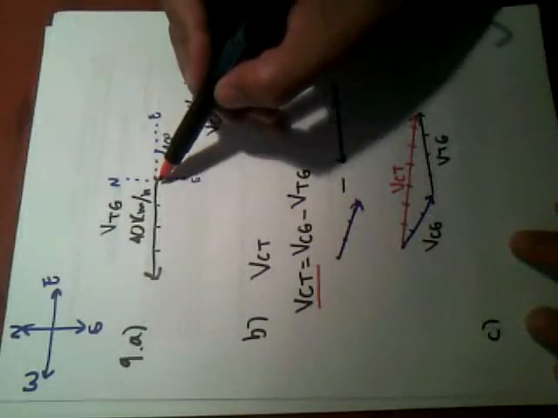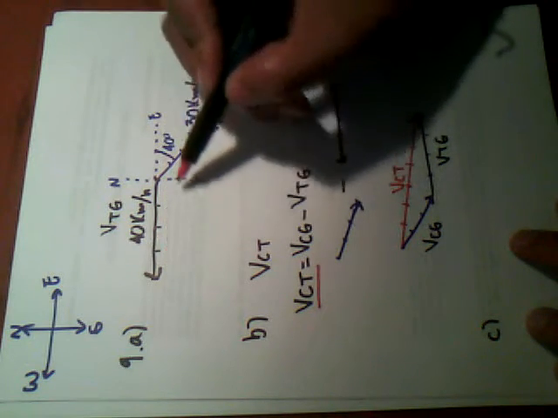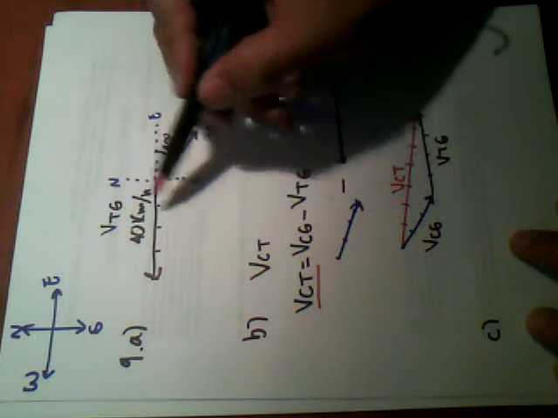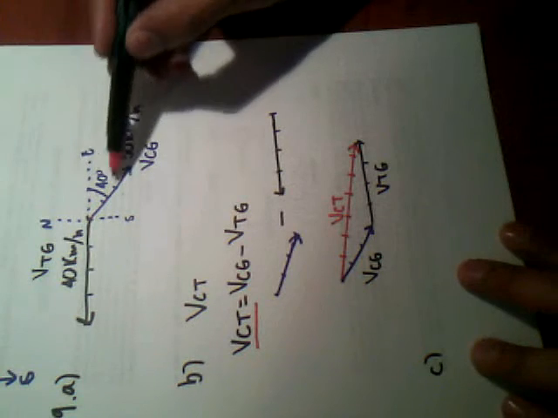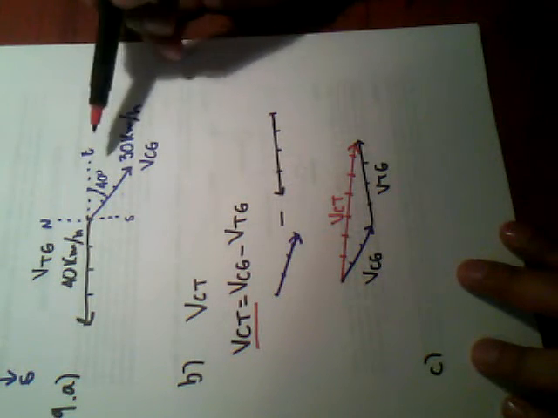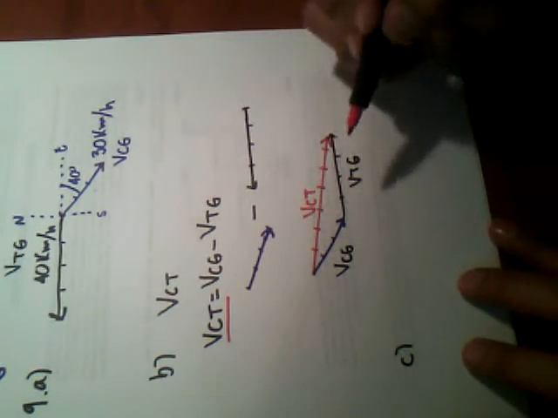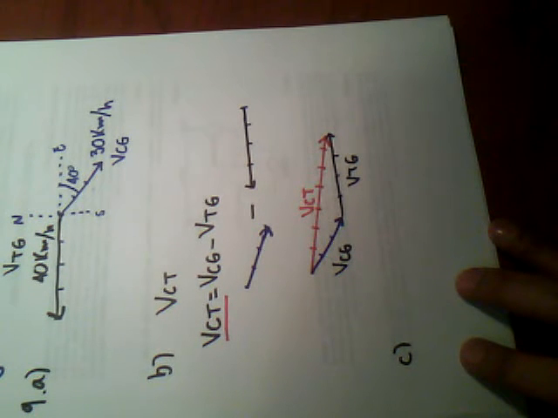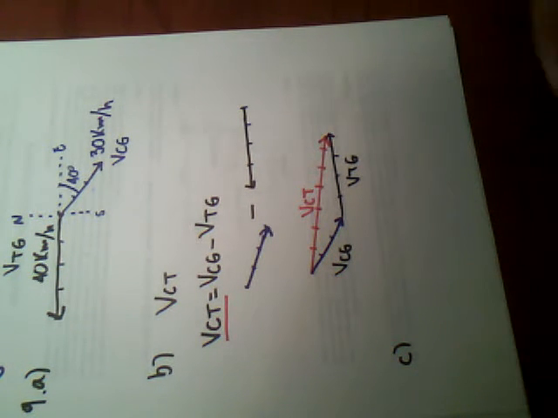So in my drawing, I'm going back to this point. In my drawing, 1, 2, 3 and 4 units represent 40 kilometers per hour. 3 units represent 30. So 6.5 units will represent 65 kilometers per hour. So that's the first part of my answer.